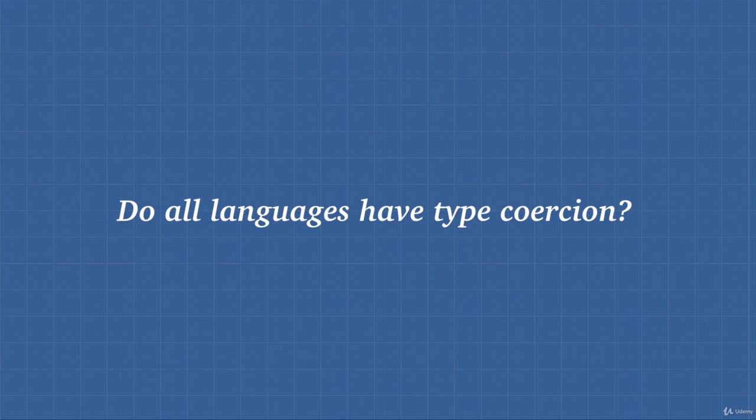In memory, different types look completely different than what we type, right? The number 5 in actual physical memory on my computer is represented in 1s and 0s. And all languages do this. So there is some sort of type coercion at different levels of the stack. It just so happens that JavaScript has an especially heavy type coercion nature to it because it's dynamically typed, which is why it does this.